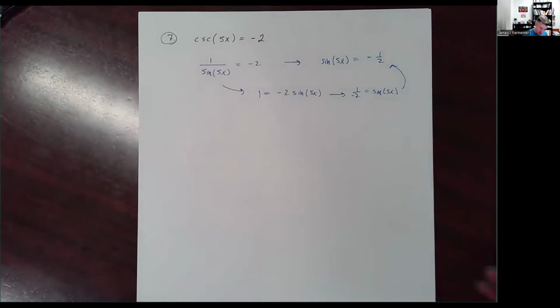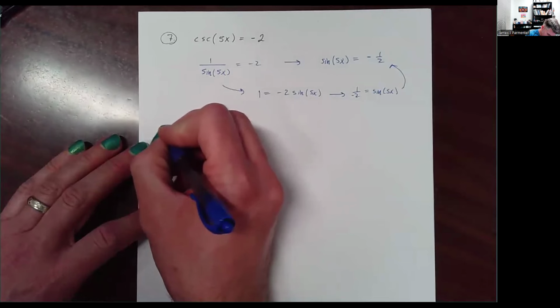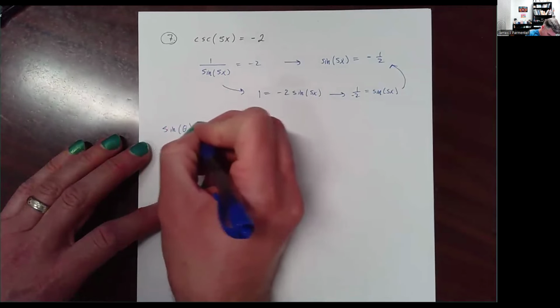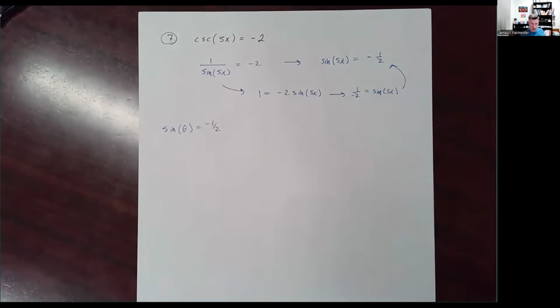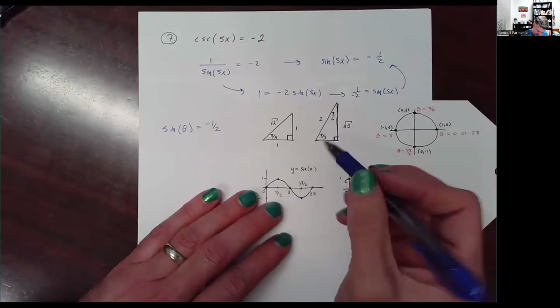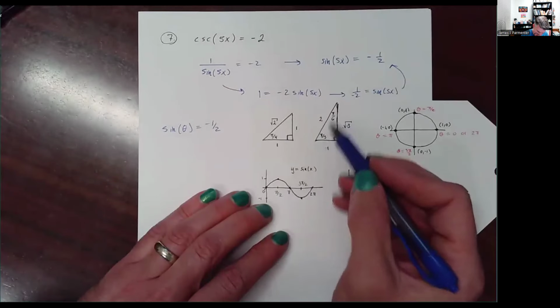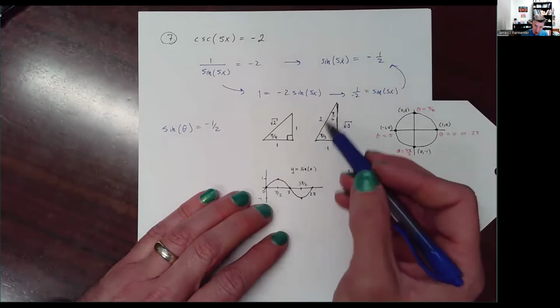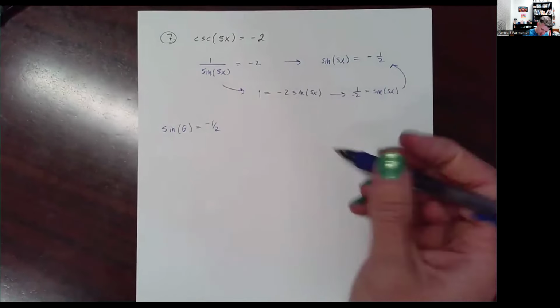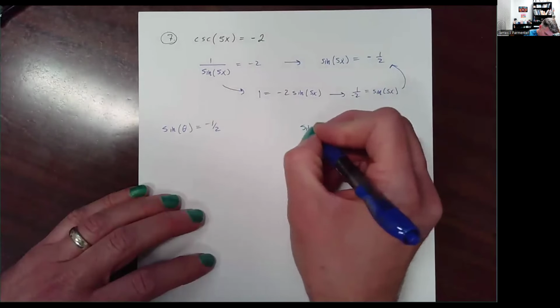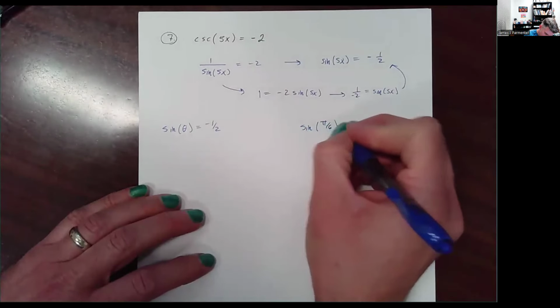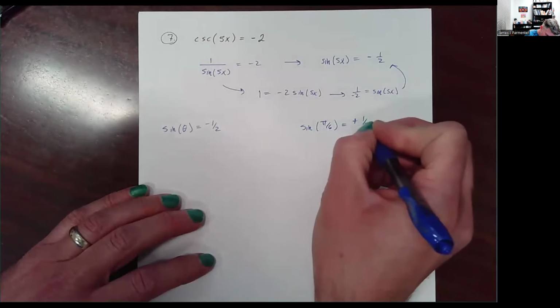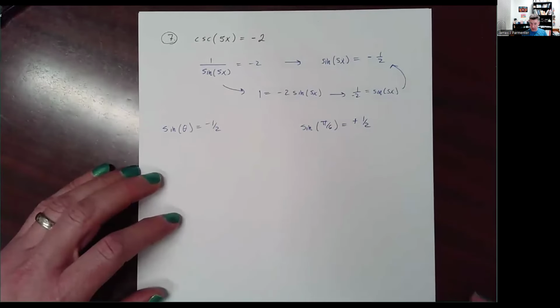So then I'm going to think about, well, if I have sine of theta equal to -1/2, well, I want sine of my angle to be the opposite over the hypotenuse, and my angle should be pi over 6. So I know that sine of pi over 6 is +1/2. So my reference angle is pi over 6.